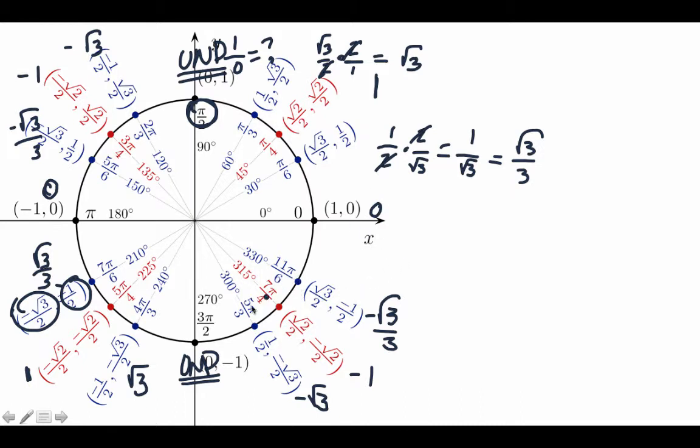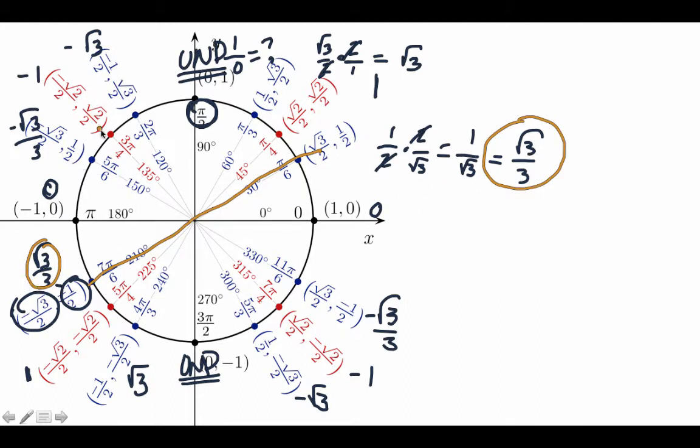The tangent has some really interesting properties, though, that are worth looking at right here with the unit circle. Look at all of the angles across from one another. So let's take pi over 6 and then across from it, 7 pi over 6. Do you see that they have the same value for the tangent? The same sign, positive, negative?